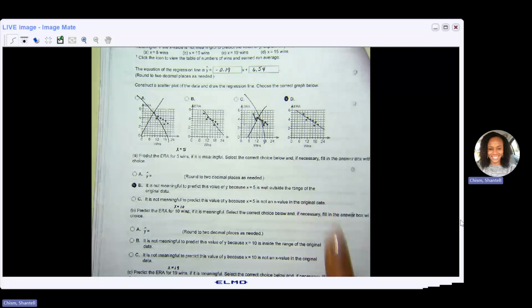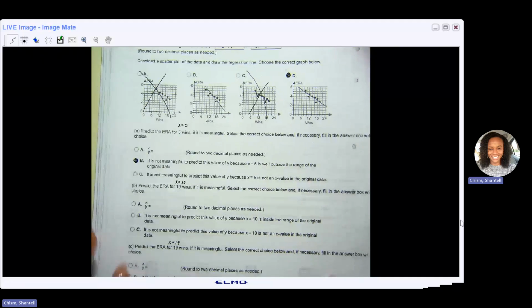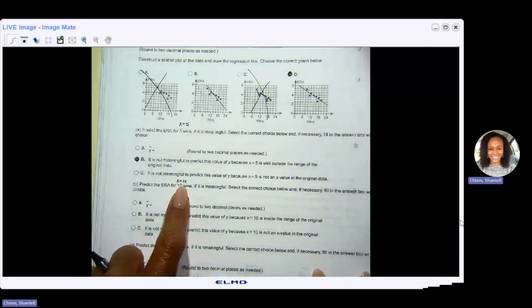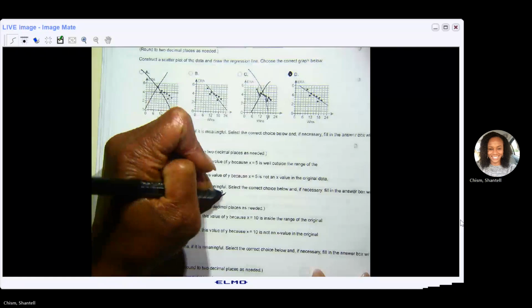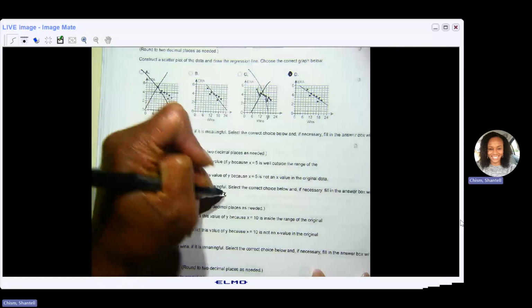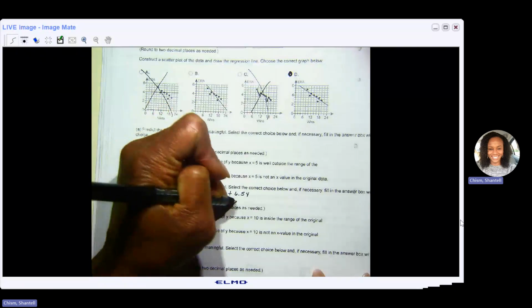It's not meaningful. Then for the rest, we literally just plug in, because 10 falls within the range. We plug in 10 where we see x. So our equation is y equals negative 0.19x plus 6.54. So we're going to say negative 0.19 times 10 plus 6.54.